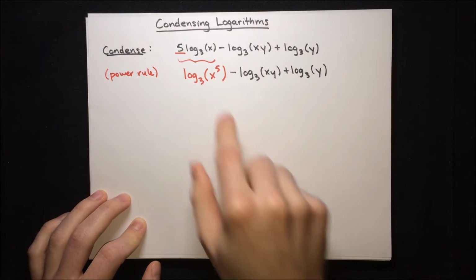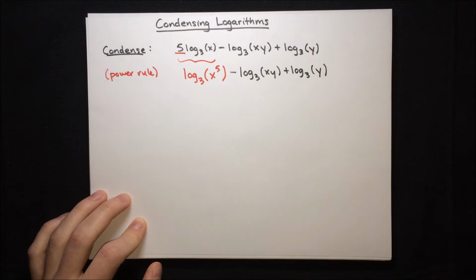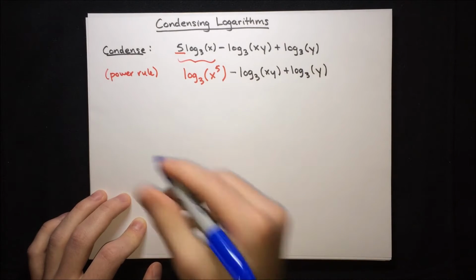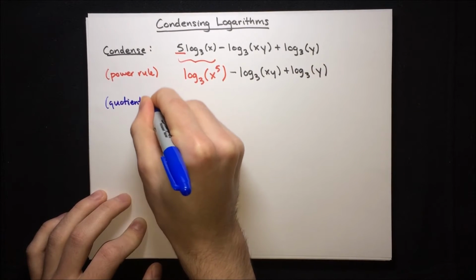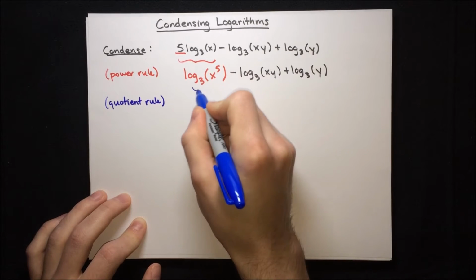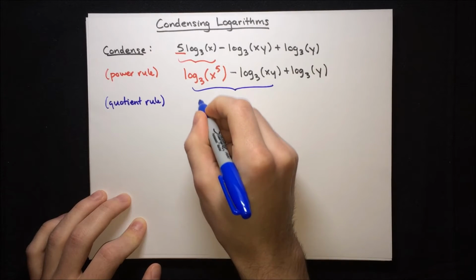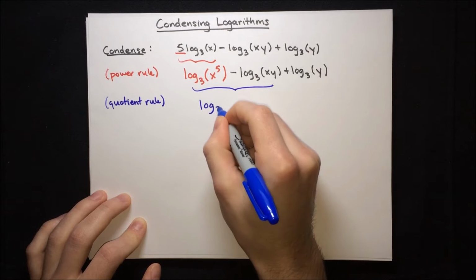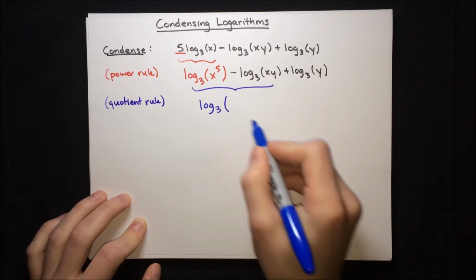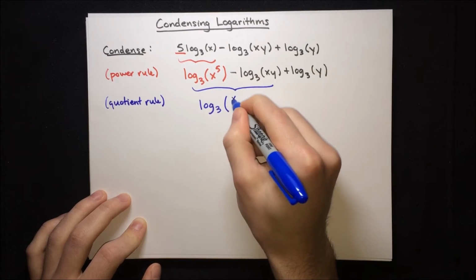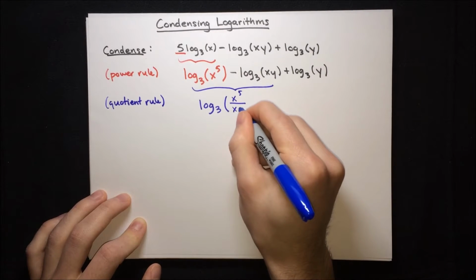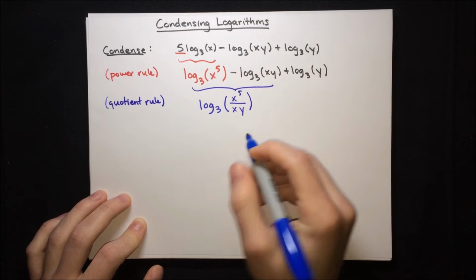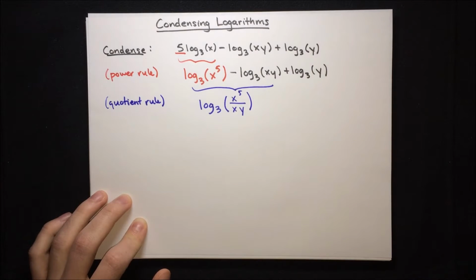All right, now we can use the quotient rule on this difference here. And then this difference just turns into the log of the first term, x to the 5th, divided by the terms in the second logarithm, xy. And we'll wait until the end to simplify this.